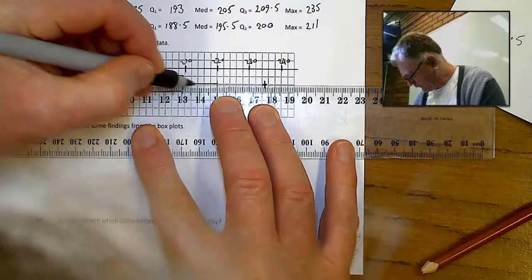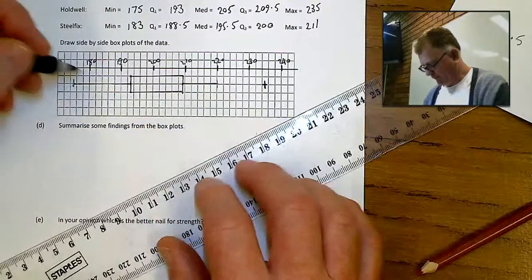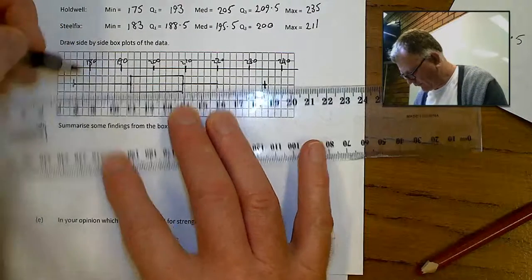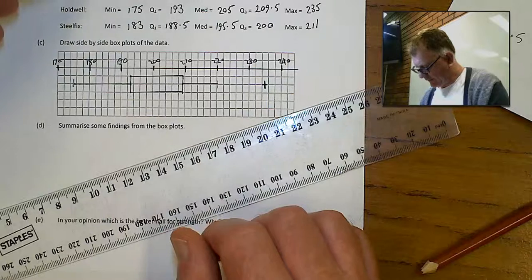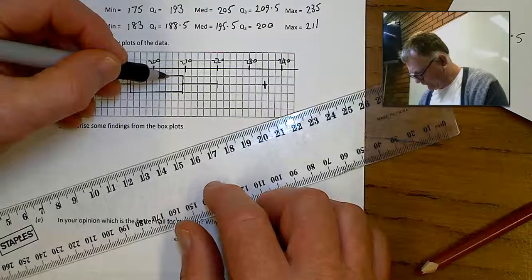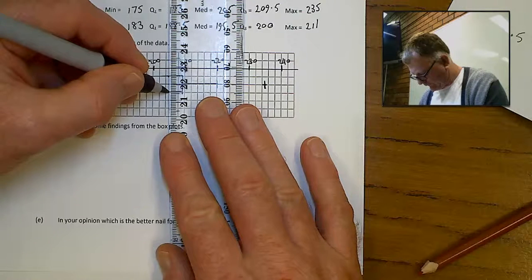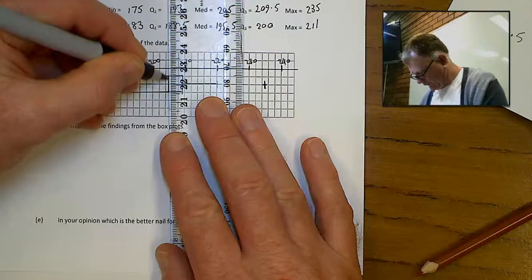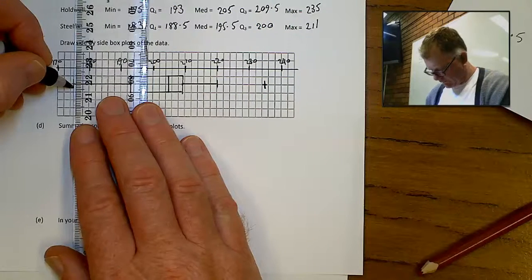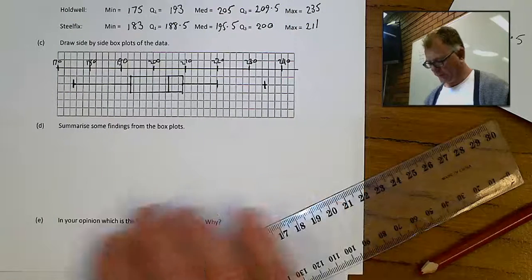And marking the median. The median is at 205. And there's our box plot for the Holdwell data.